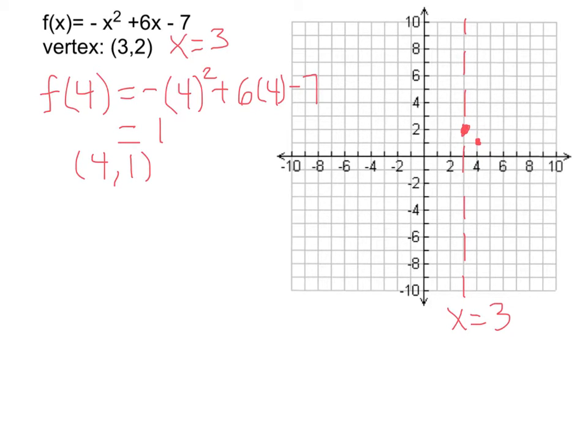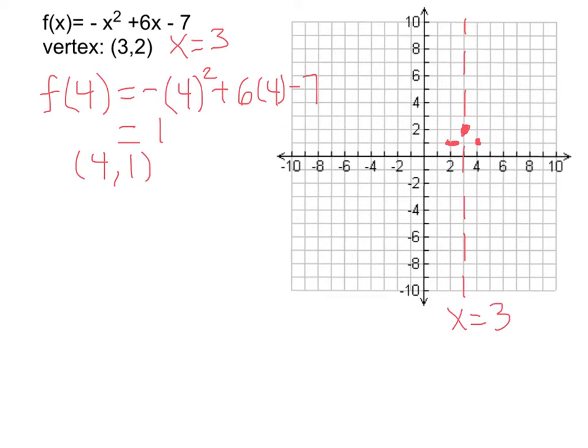The axis of symmetry cuts our graph down the middle. So any point that happens on this side of the graph is going to happen on the other side of the graph. So if there's a point at 4, 1, there's going to be an identical point called the reflection point on the other side of the graph at 2, 1.